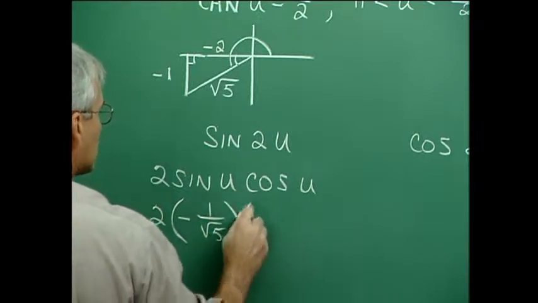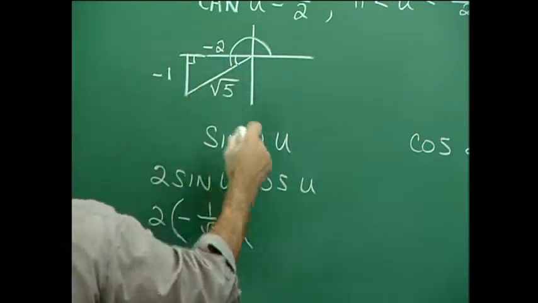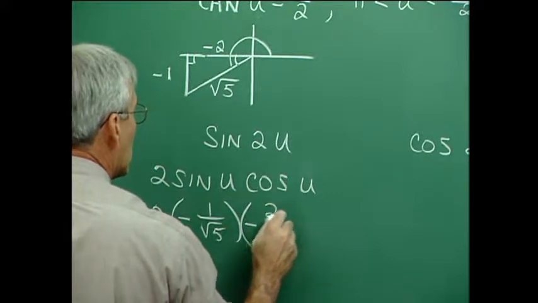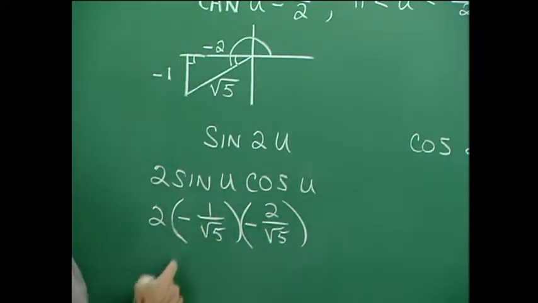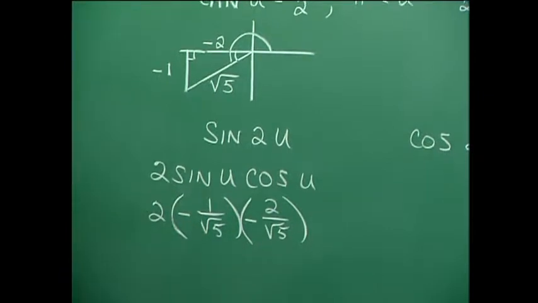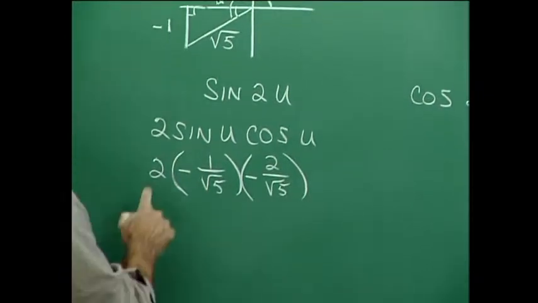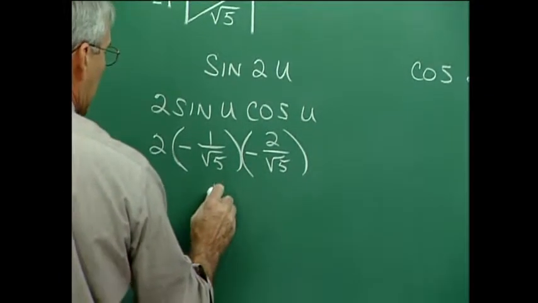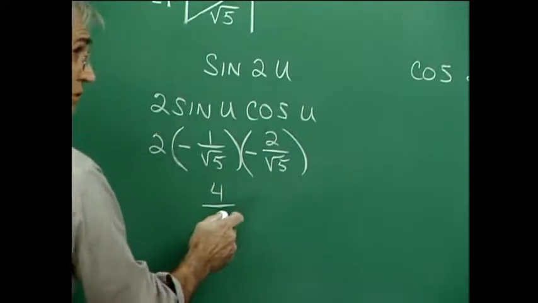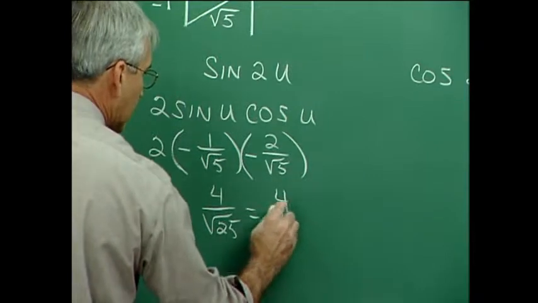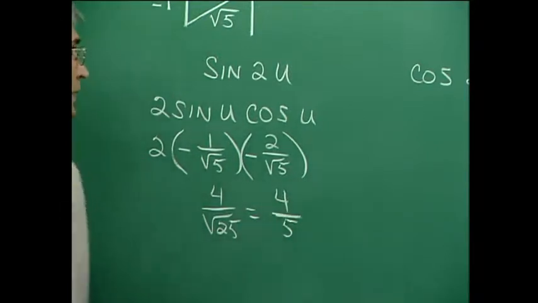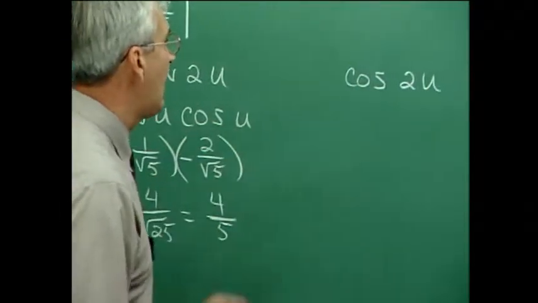And then for cosine, it is adjacent over hypotenuse, so that's negative 2 over the square root of 5. And so I just evaluate this. With 2 minus signs and factors, I know we're going to get a positive result. So we have 2 times 2, 4, over the square root of 25. So this becomes 4/5.